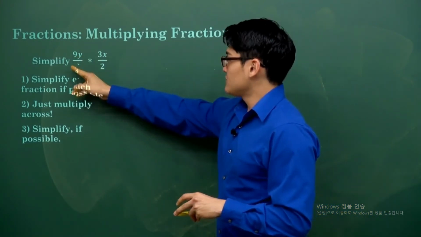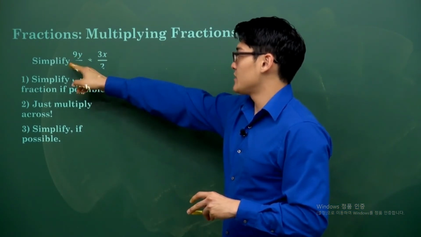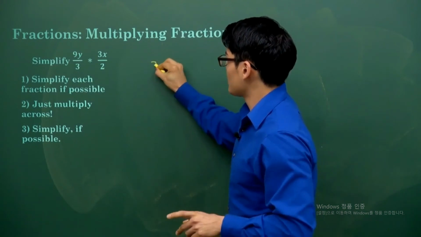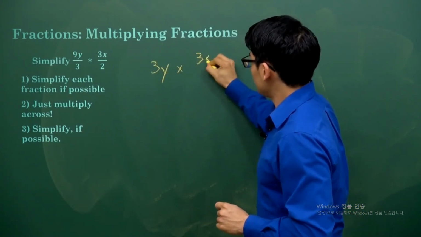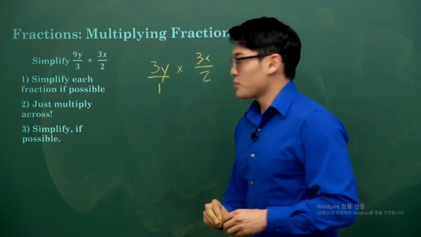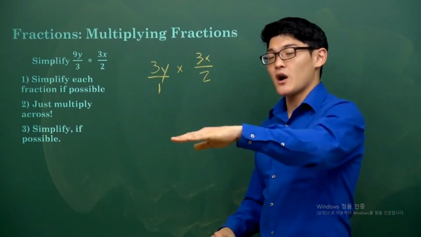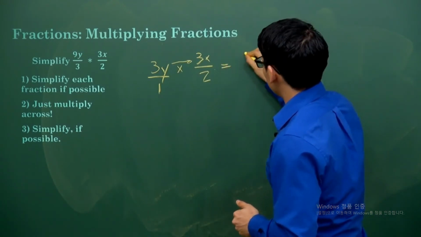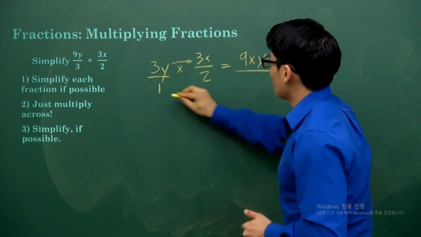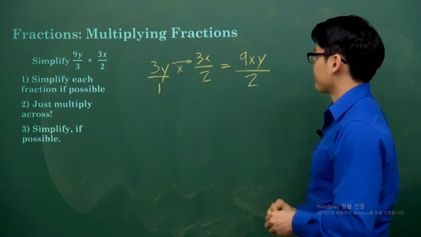So 9y over 3, well, we can simplify this into just 3y, right? Times 3x over 2. What's really nice is that multiplication is just super easy. We're multiplying across. So 3y times 3x is going to be 9xy over 1 times 2, which is 2. That's our answer.